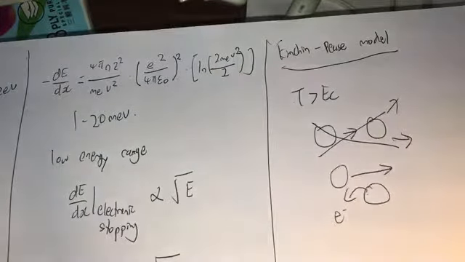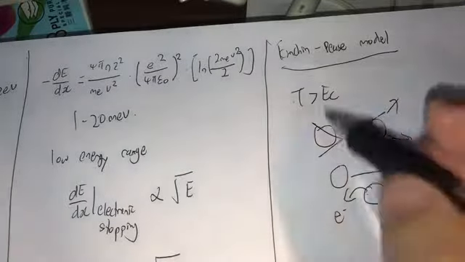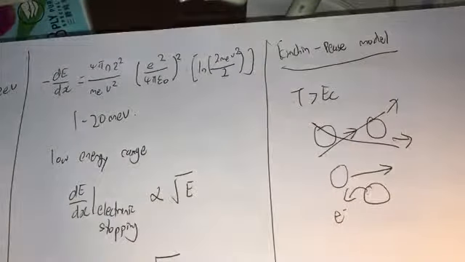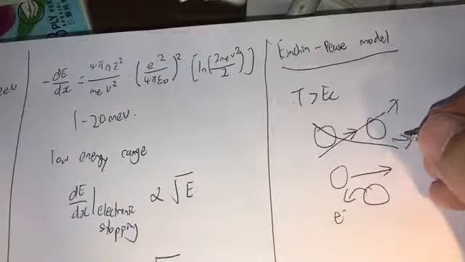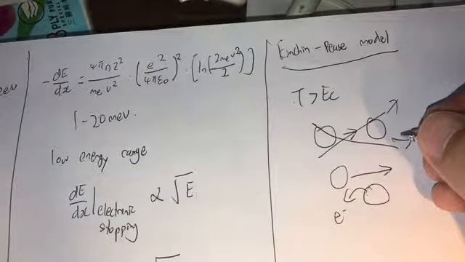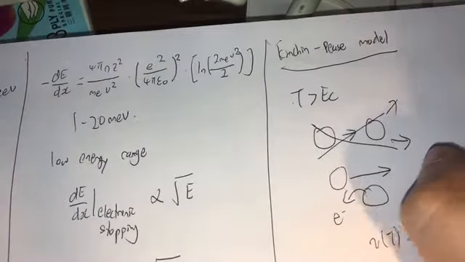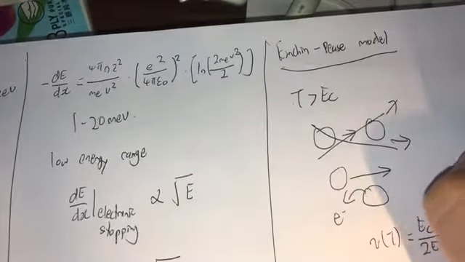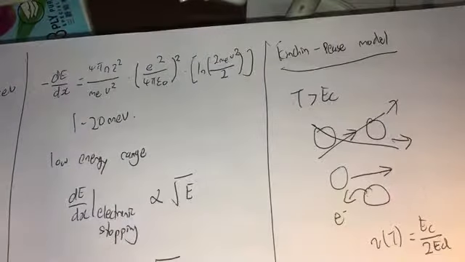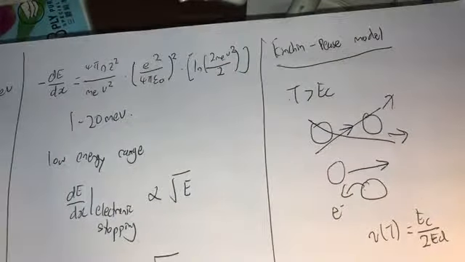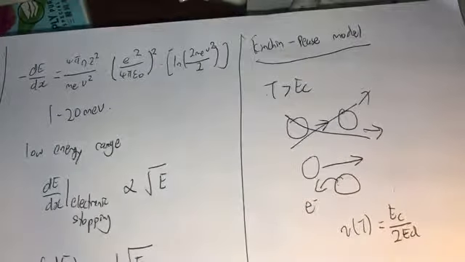So for PKAs with energy more than the electronic stopping threshold, which was about 56 keV, around that range, we see that the number of collisions produced, v(T), equals EC over 2ED. This is the number of vacancies or displacements produced.